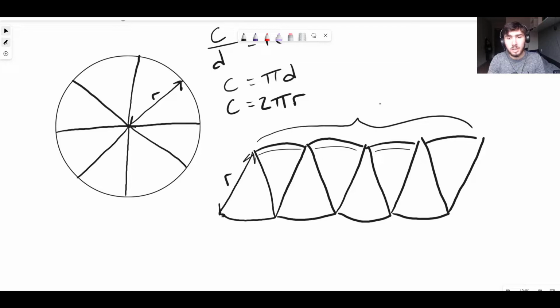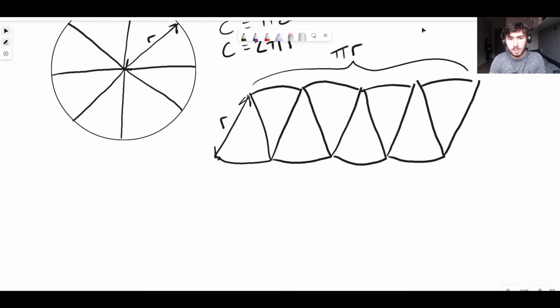That means that this must be half the circumference of the pizza. The circumference of the pizza is 2 pi r, so half the circumference of the pizza is pi r. So this is pi times the radius, and it's the same down here. This is the other 4 slices of pizza going around the outside, so this is also equal to pi r.